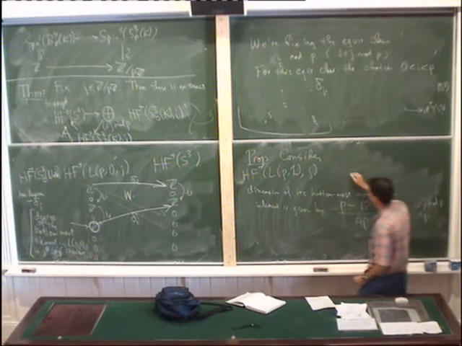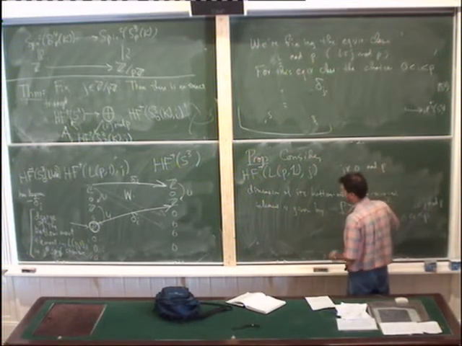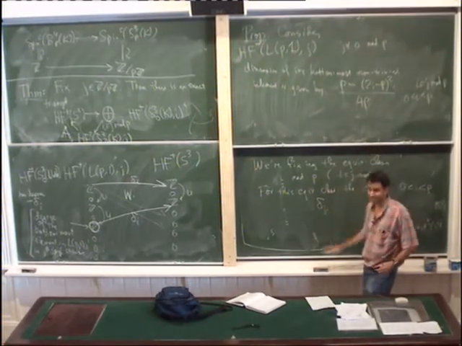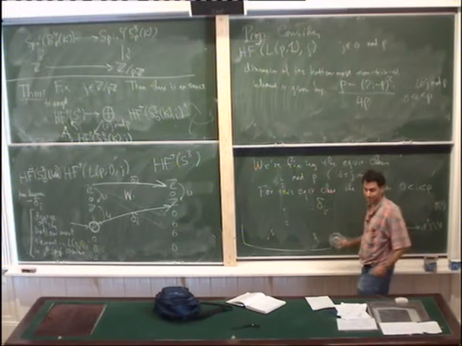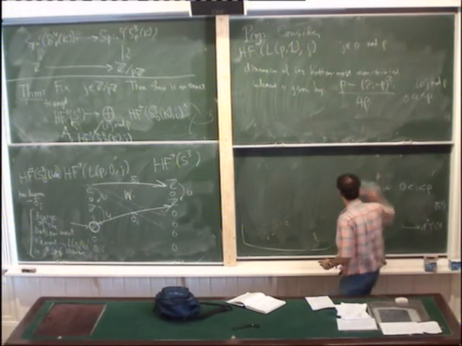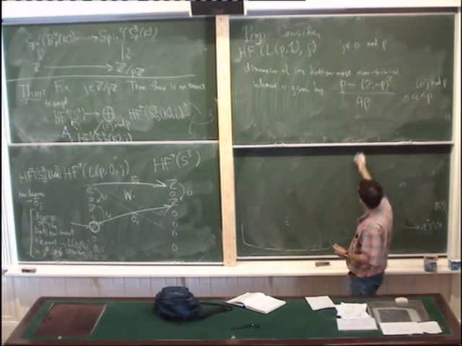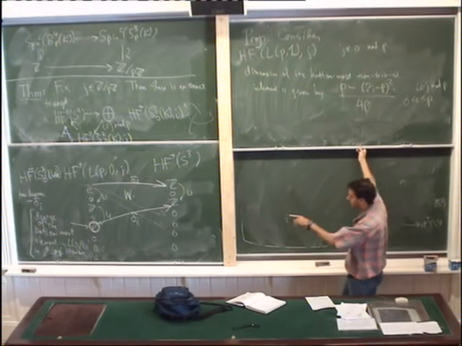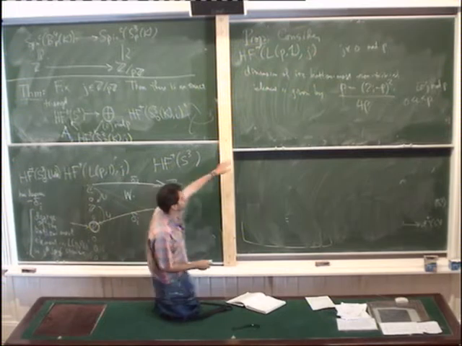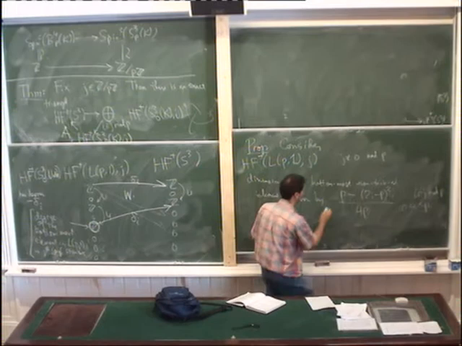So if j is not congruent to 0 mod p. Okay? Is that clear? Sorry, minus delta i. So it's given by minus this one.